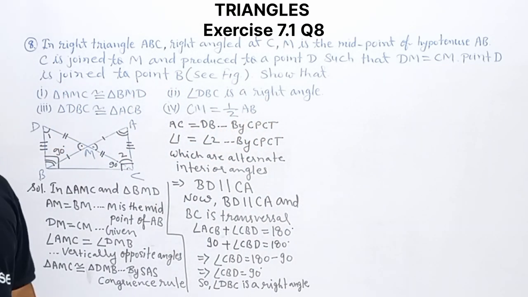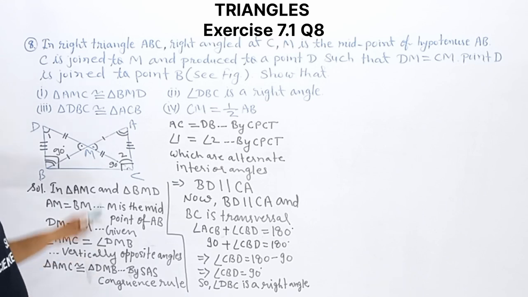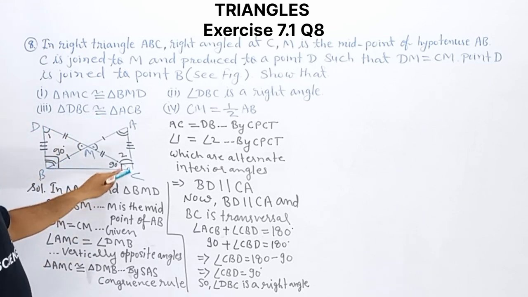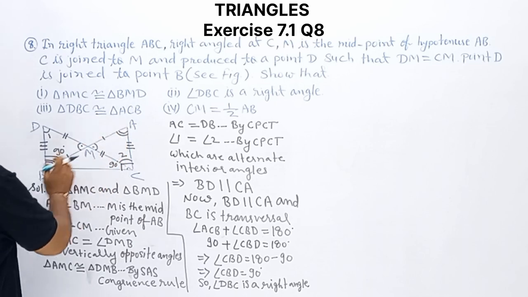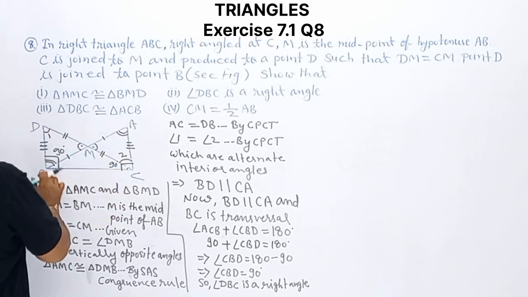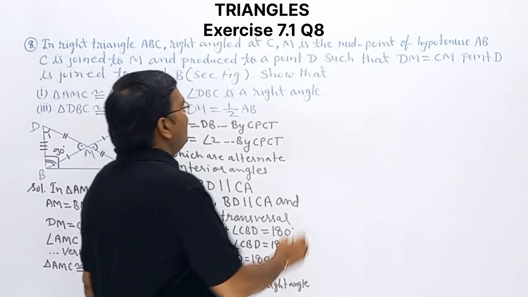Question number three: we want to prove triangle DBC and triangle ACB are congruent or not. Observe carefully.